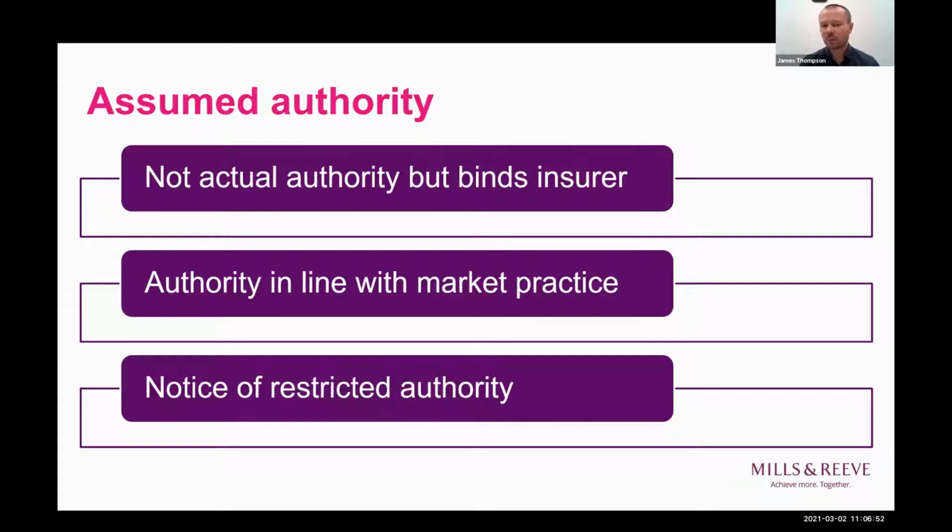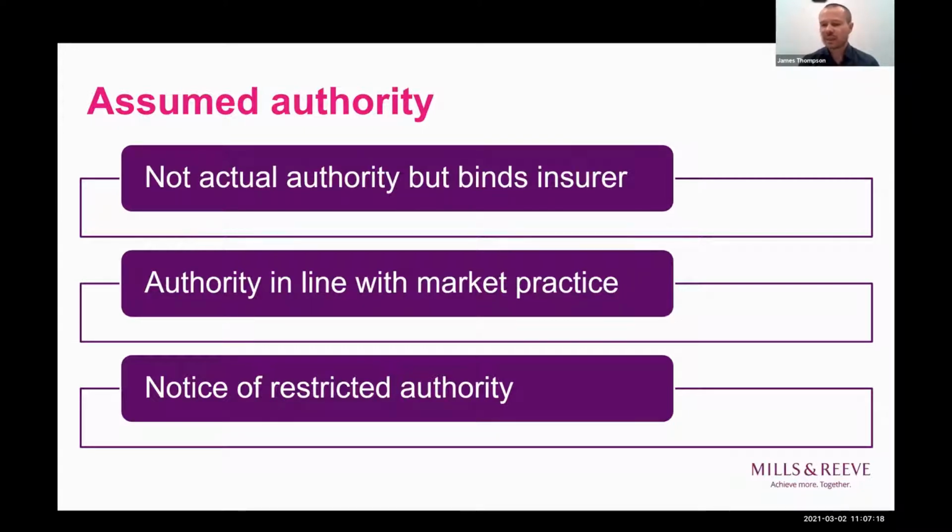Anything where we're considering assumed authority has got to be plausibly within the scope of what you could have authority to do. A caveat is around notices of restricted authority. If a policyholder or a third party is on notice in any way that you do not have the assumed authority that you were holding yourself out as having, then they won't be able to rely on it.